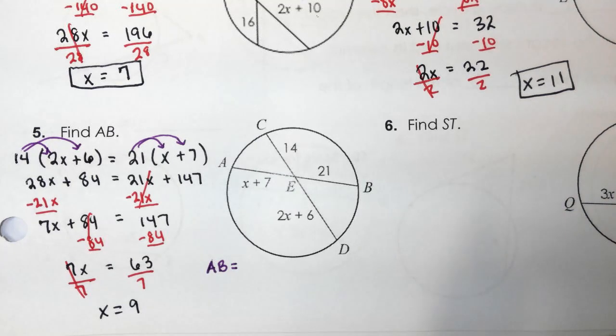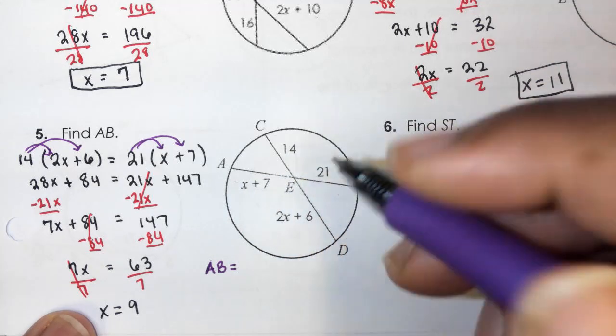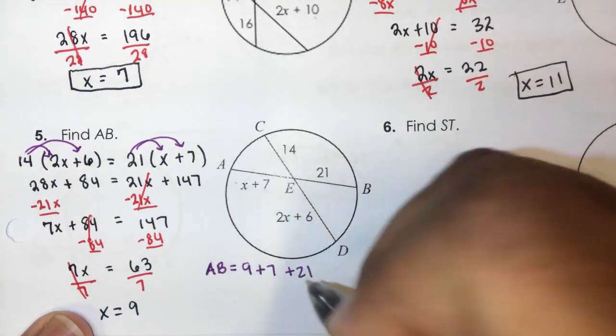After you get x is 9, you need to plug back in for AB. AB is going to be x plus 7 plus 21. So 9 plus 7 plus 21.